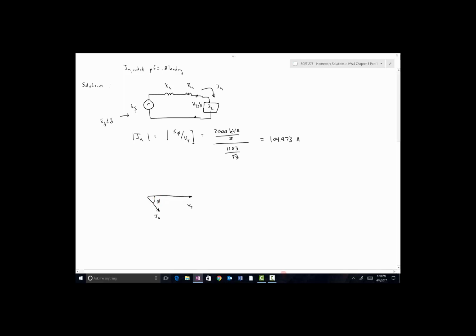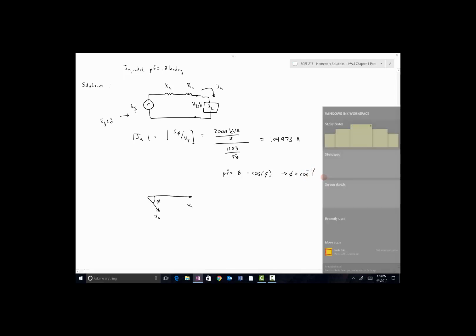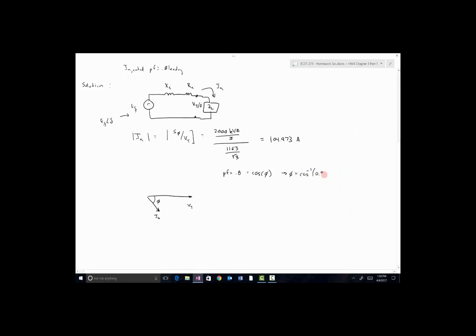We can calculate that real fast. Power factor equals 0.8 equals cosine of phi, which says that phi is equal to inverse cosine of 0.8. And that's going to give me 36.87 degrees. That's that value right there.